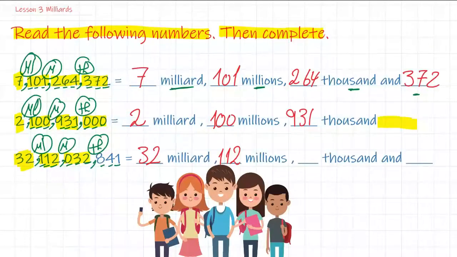And in the thousand family we have 032, so if we write here 032, we can cancel this 0, right? Because 0 on the left has no meaning, so let's cancel it. So we have just 32. After that we have in the units family 841, let's write it here. Okay, that's how to write the number using groups of families.